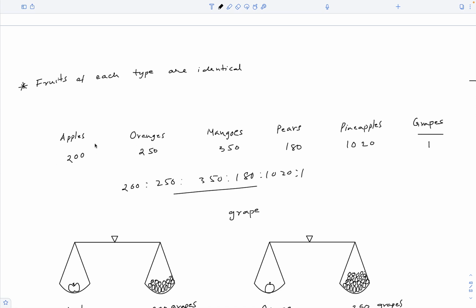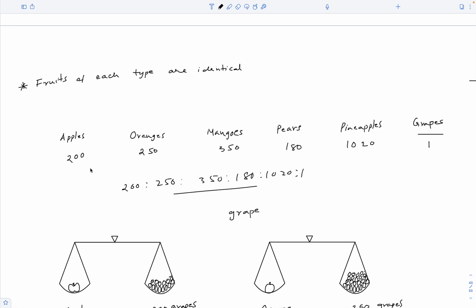All apples are identical to one another, all oranges are identical to one another, and so on. And our goal was to buy different kinds of fruits in equal number whenever we visited this shop. We were not worried about what that number actually was. As long as we have them in equal number, we were happy.